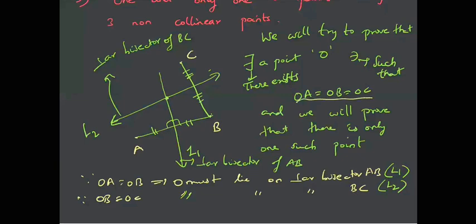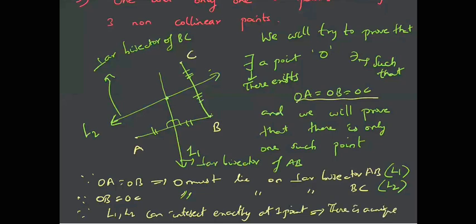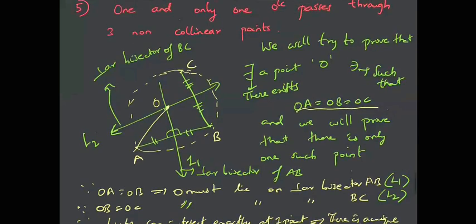Fine. So since L1, L2 can intersect exactly at one point, this implies that there is a unique point O which satisfies OA is equal to OB is equal to OC, and so the circle will have the center as O, and this would be the circle with radius OA and center O. So what we proved is that there is only one center.